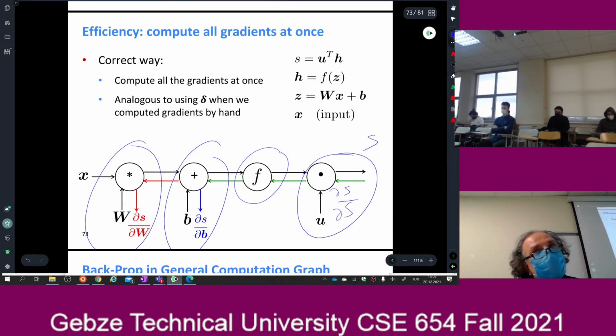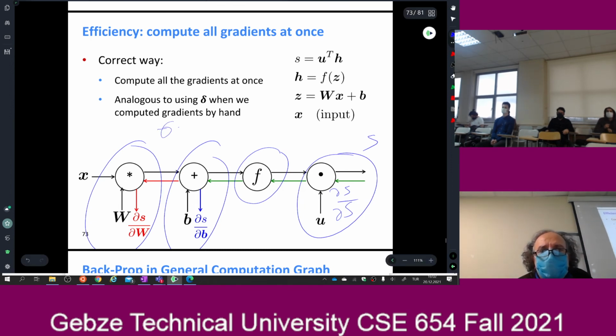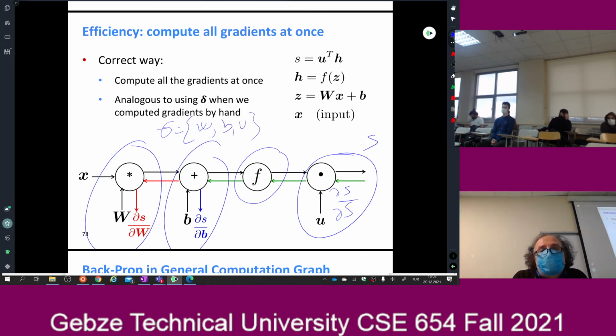My question is, for the next round, we will be changing W and B, depending on the results from ds over dB and ds over dW, right? Sure, our parameter set is W, B, and U. So we also change U, right? Sure, they are all our parameters.